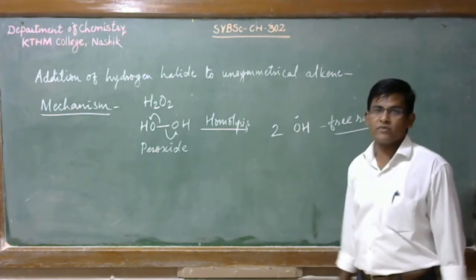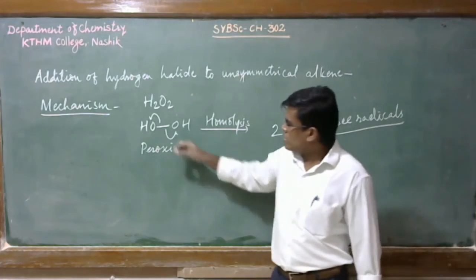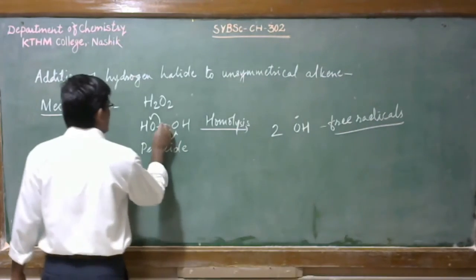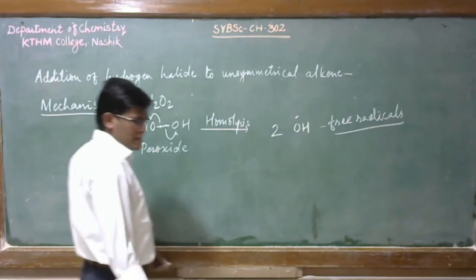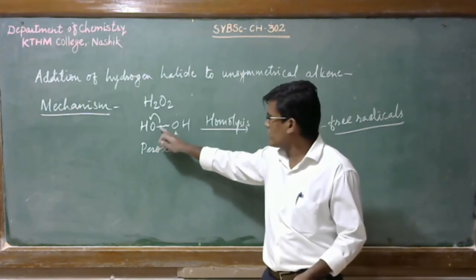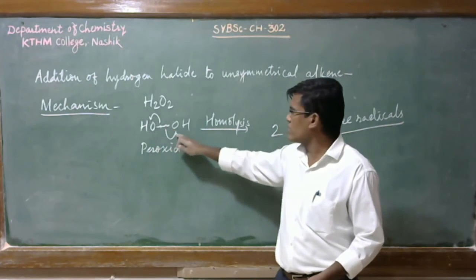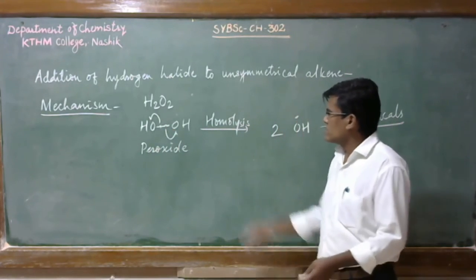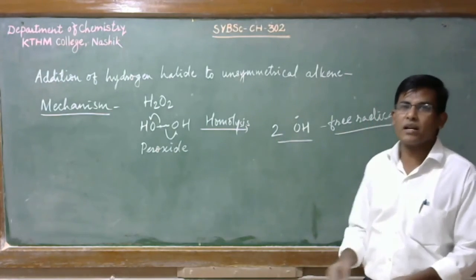When you break this bond, one electron will go with this hydroxyl group, and one electron will go with the other hydroxyl group. This is the homolysis to get these two OH free radicals.